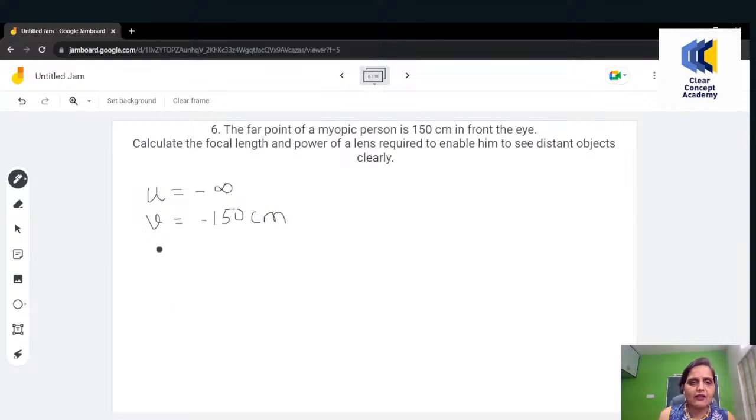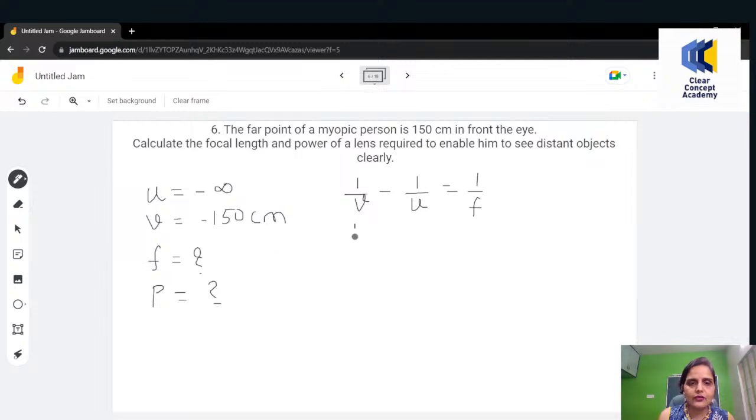Now they have asked you to find the focal length and the power of the lens. To find the focal length, which formula do we use? We use the lens formula: 1 by v minus 1 by u is equal to 1 by f.